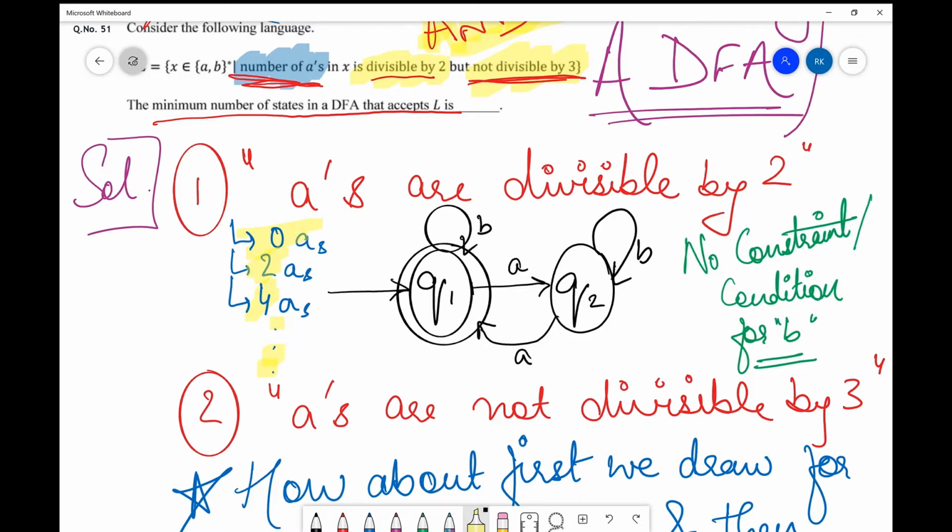Now this clearly means that the initial state over here will be the final state itself, right? Because it is the only state where you can apply the constraint of no A's, and that should also be acceptable. The DFA will contain at least one state, and that initial state is the final state.